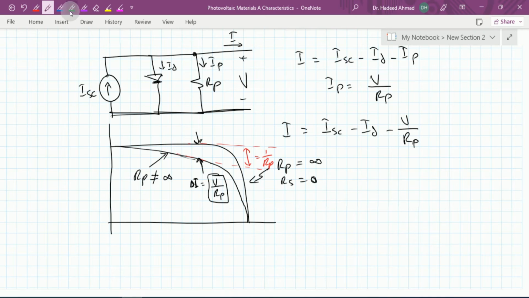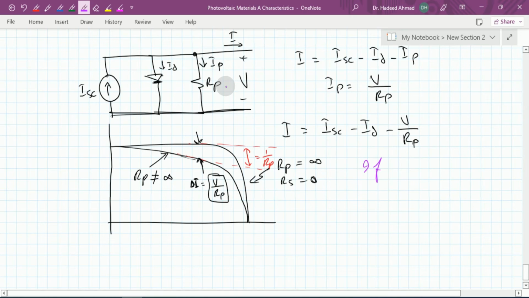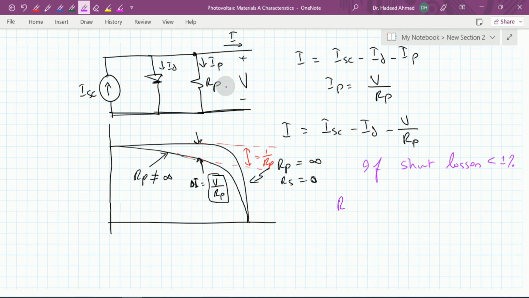So this means that this Rp is a form of loss, right? This loss occurs because of the electron-hole recombination which happens before they reach the output terminals. So for a given PV cell, if we want to have the shunt losses less than 1%, then Rp should be greater than 1000 VOC over ISC, where VOC and ISC are the output voltage and the generated current.